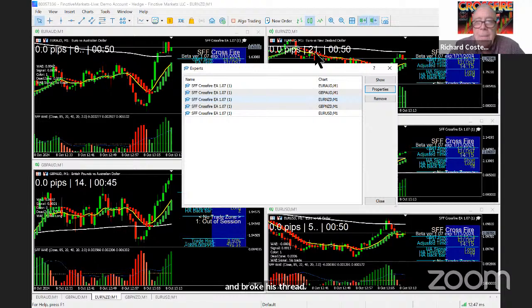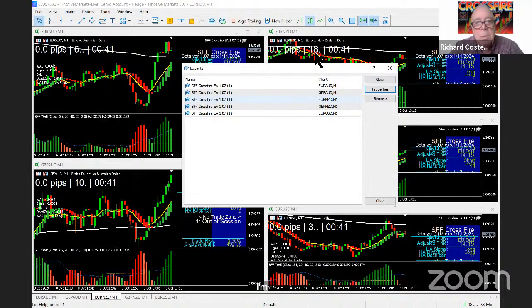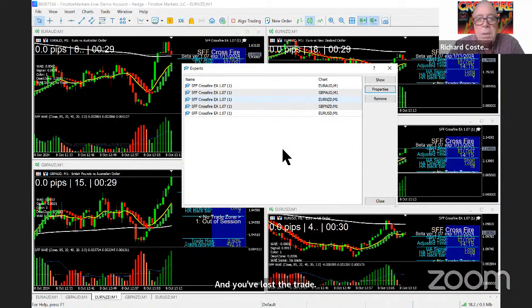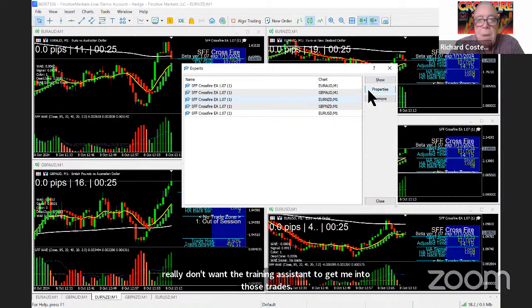I'm not happy in that situation because it can take me out fairly rapidly. It only needs a small movement in the wrong direction and you've lost the trade. I really don't want the trading assistant to get me into those trades. I would rather stay out of them.